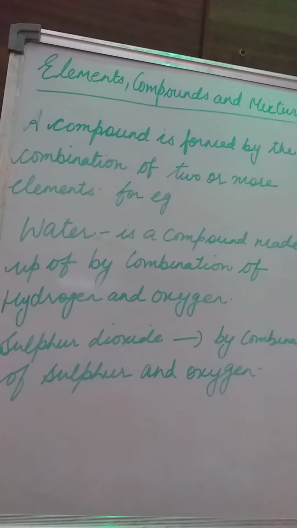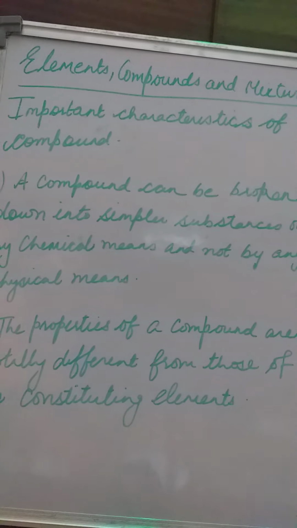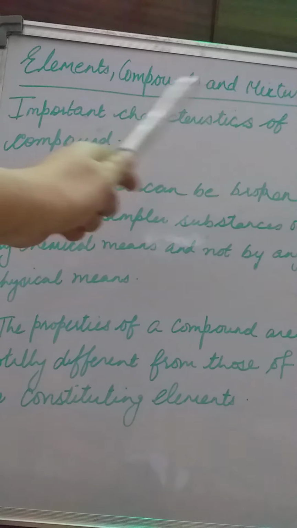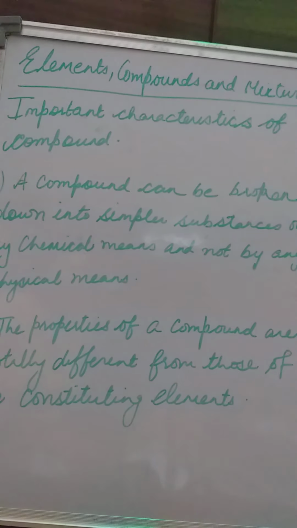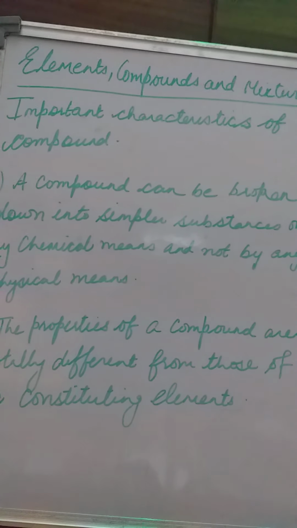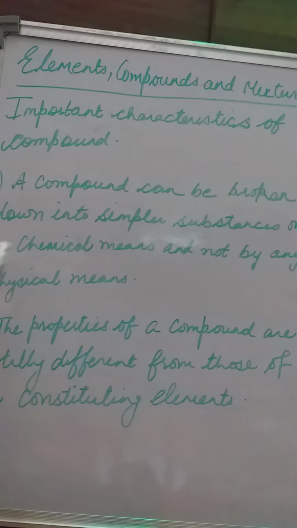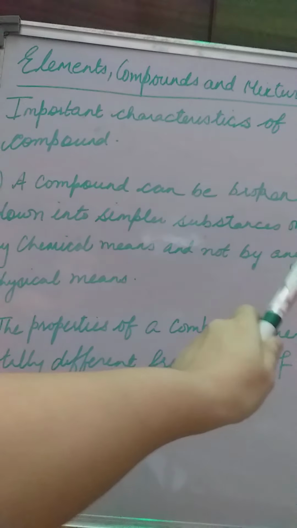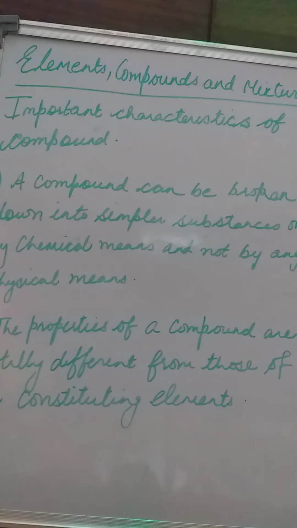Okay. Now we will learn about the important characteristics of a compound. Now boys, a compound can be broken down into simpler substances only by chemical means but not by physical means. For example, water cannot be split into hydrogen and oxygen by any physical means, but it can be broken down by chemical means, that is by the process of electrolysis.